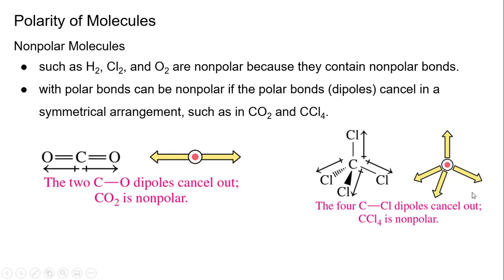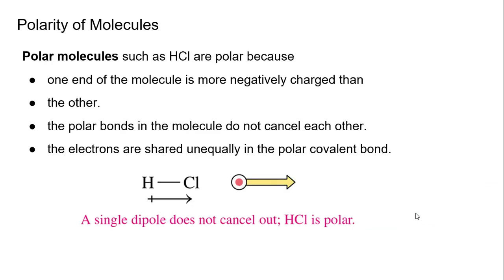And even though you can't really see it here, because it looks like it's sitting on 3 fingers and then 1 up, if you're trying to do it with your hand, what this is is that there's four electronegativity forces being pulled in 4 opposite ways that actually cancel out. Like I said, this may not look like it's canceling out, but the forces are all equal and they're canceling out. So even if it was a polar bond, it is a non-polar molecule overall.